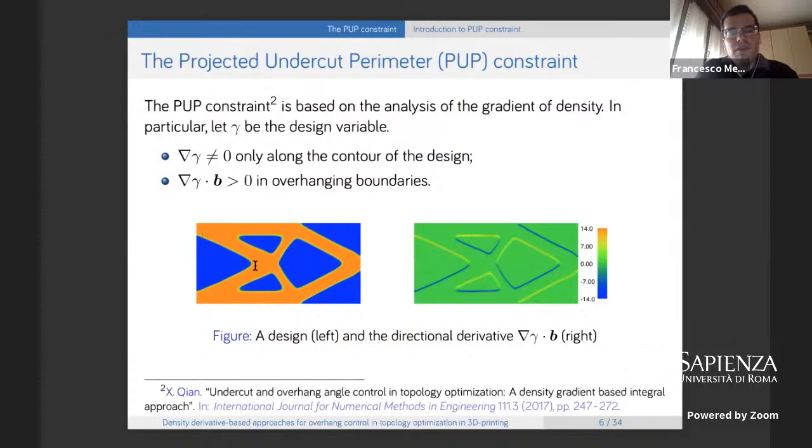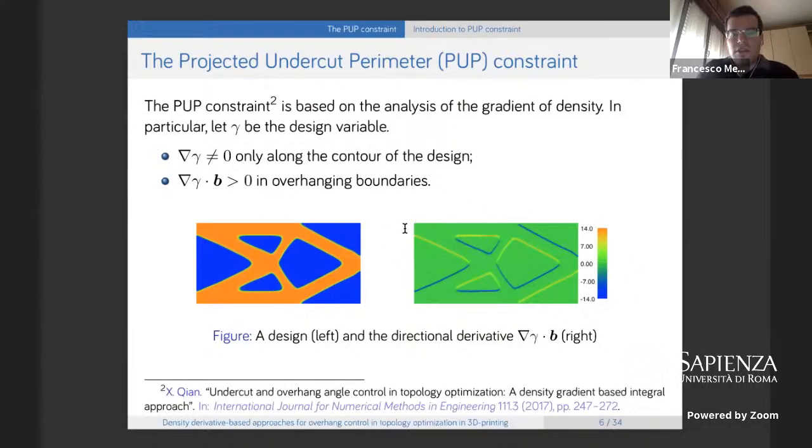At the boundaries, on the other hand, the density changes. It passes from 0 to 1, or also through a series of intermediate densities, if, as in this case, we are using material densities. But anyway, the gradient can be different from 0 only along the contour of the design.